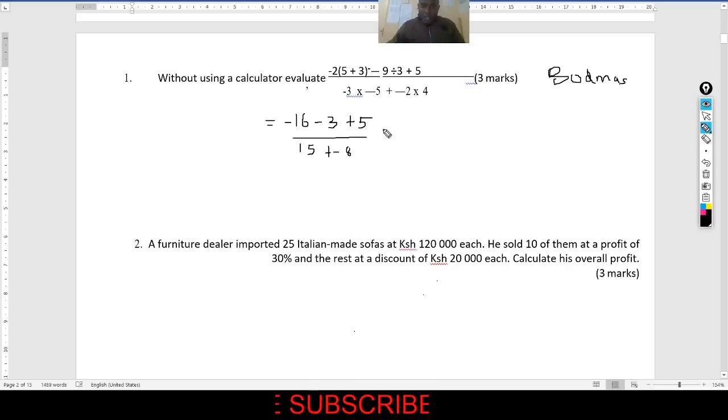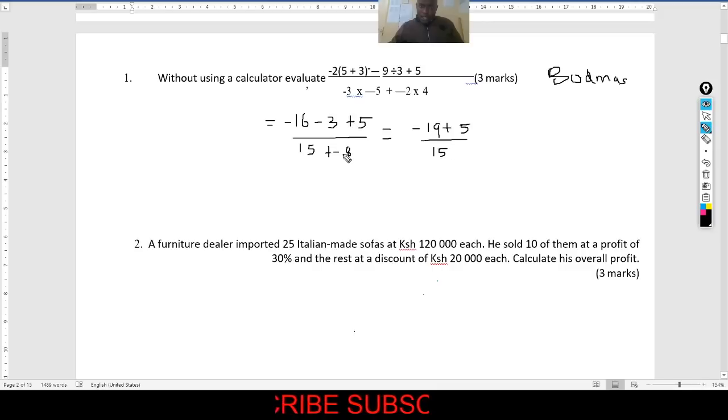So here we shall have negative 16 minus 3, which is negative 19, plus 5, all over 15 minus 8.